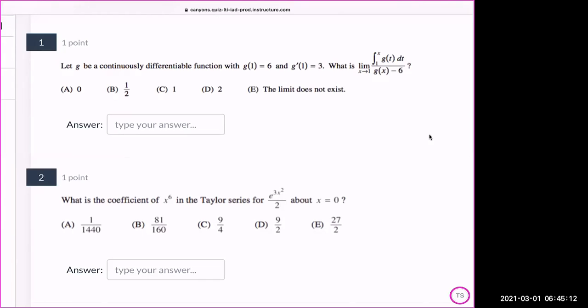What did you get for number 2? It's 3 to 3, which is 27. All right.